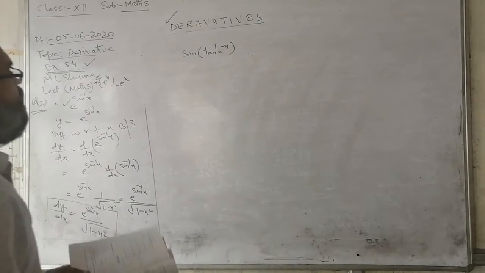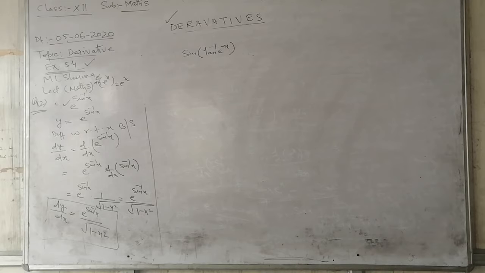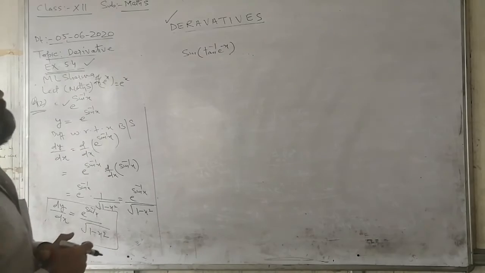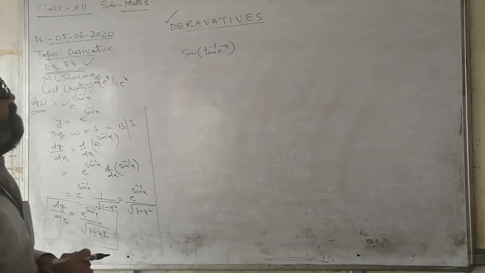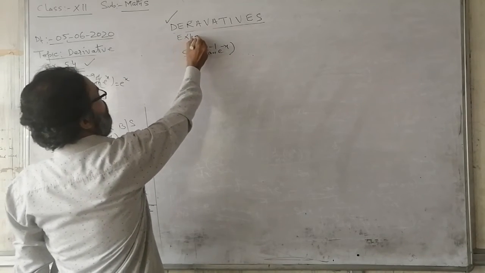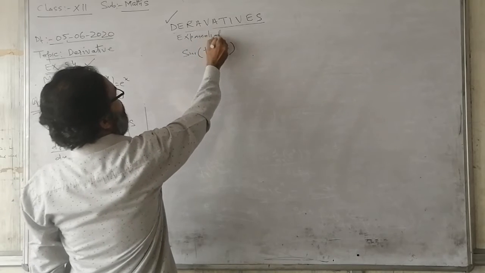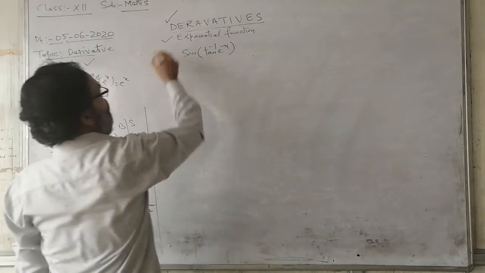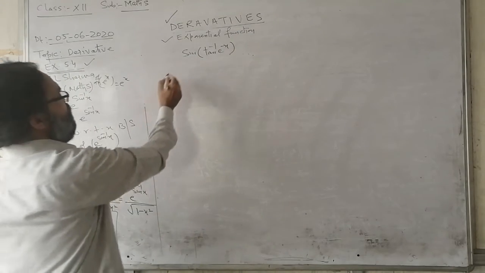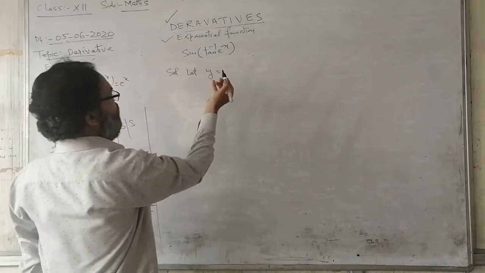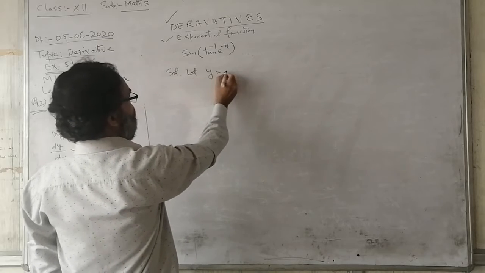So this is a function given to you, and this is also an exponential function because e raised to power minus x is there. Tangent inverse e raised to power minus x. So it is again an exponential function. So I have to find its derivative. So let this given function equal to y, or you can write it as f of x.